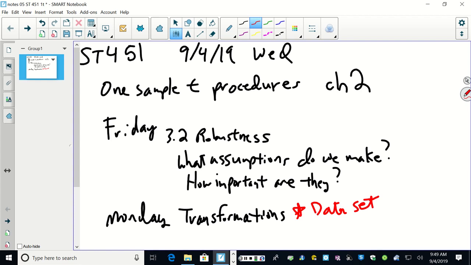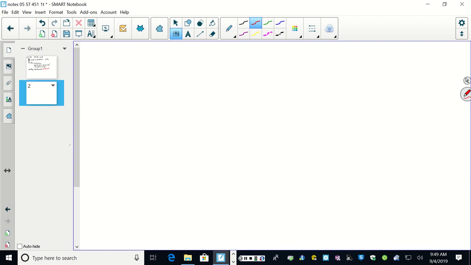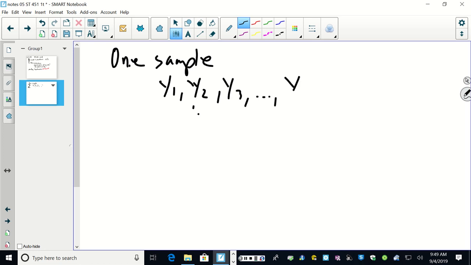So we're going to talk about these one sample T procedures. The idea here is there's one sample from a population. So we have some data values, y1, y2, y3, up to y sub n. And there's some population that these things are from.